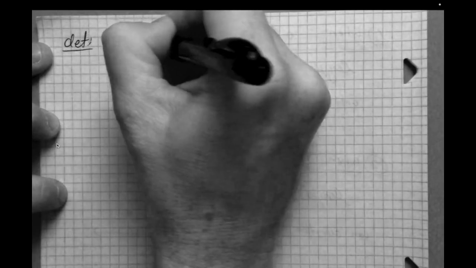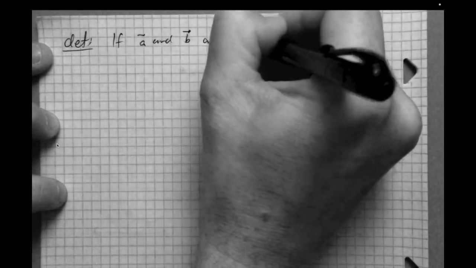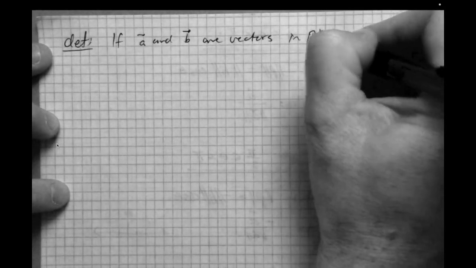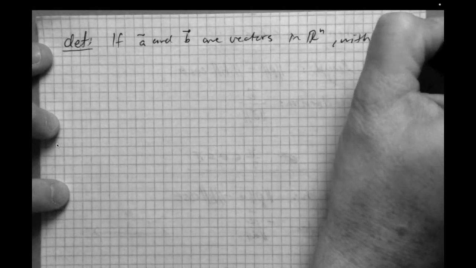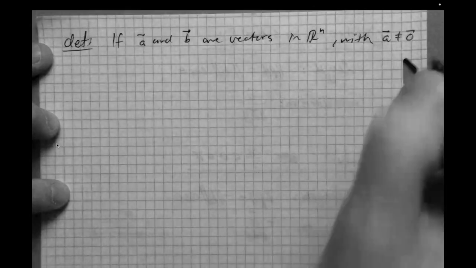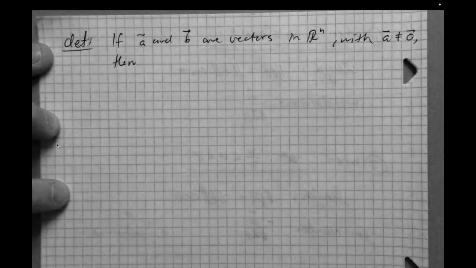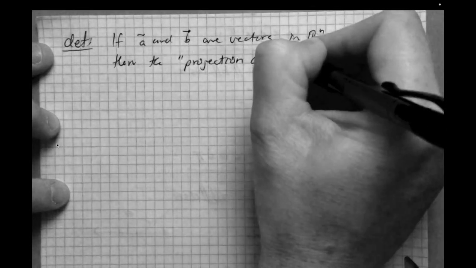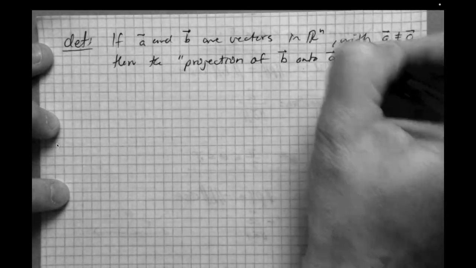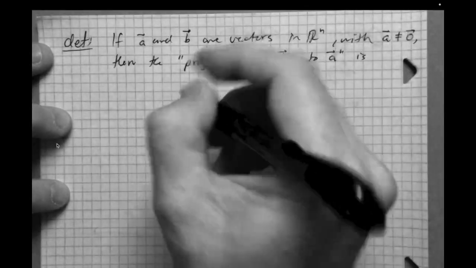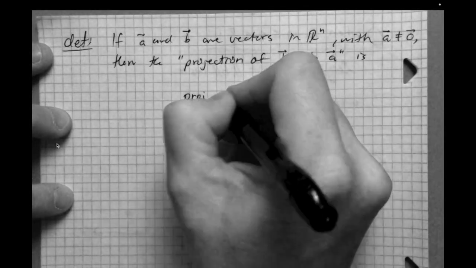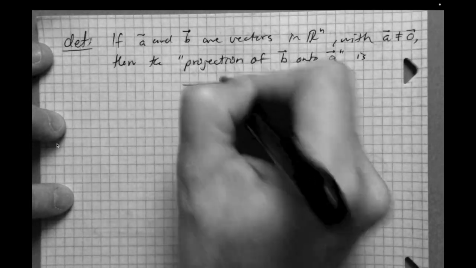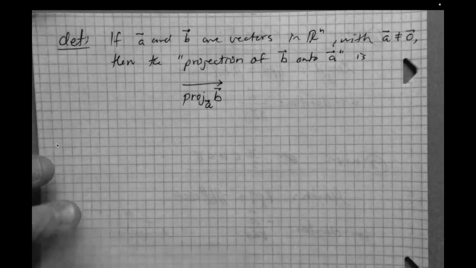If A and B are vectors in Rn with A not equal to the zero vector, then the projection of B onto A is, now here's the notation we use, projection of B onto A. Not cumbersome notation or anything.